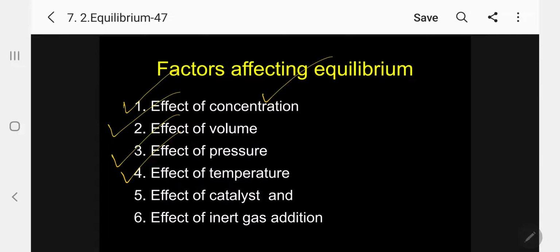Effect of catalyst and effect of inert gas addition are rarely used to affect the equilibrium, depending upon the nature. Only in the case of a catalyst, equilibrium will be reached quickly, that's all. So we have to concentrate on the first four only. Even though I will discuss the other two, the focus should be on the effect of concentration, volume, pressure and temperature.